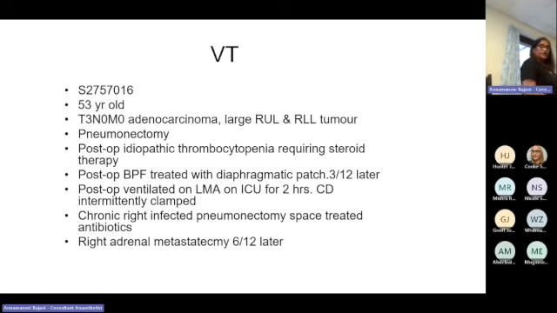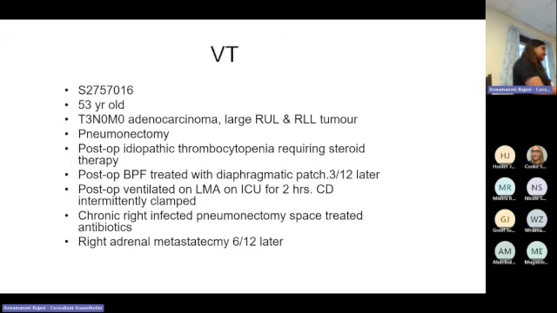So he had a pneumonectomy, a long procedure, and post-operatively he developed idiopathic thrombocytopenia, for which he received steroids. Because of those steroids, he developed a bronchopleural fistula post-operatively, so he had a diaphragmatic repair of his fistula.